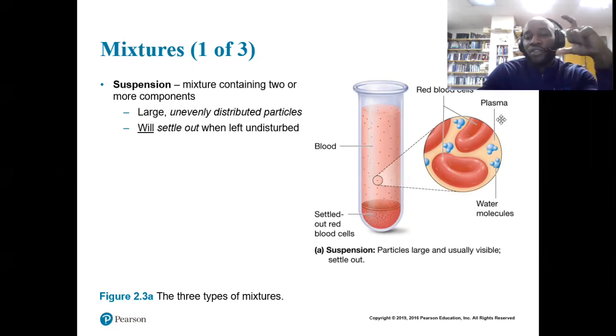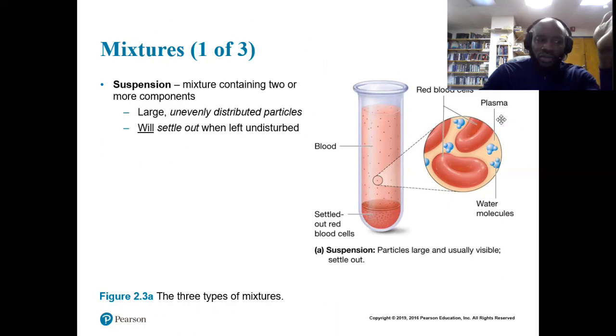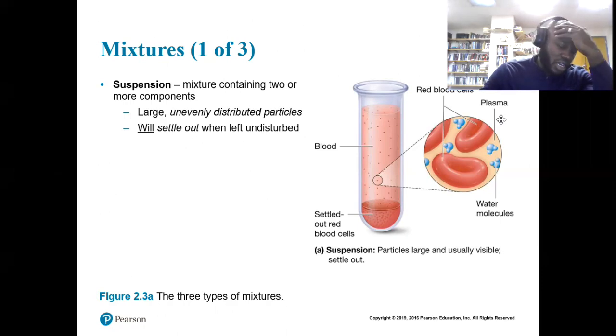But if you ever give blood, which I'm going to make my little plug right now, donate blood. It can save somebody's life. You have to be of a certain weight. I think you have to be more than 110 pounds. You have to be 18 years old, and you can't be anemic. You have to have enough iron.